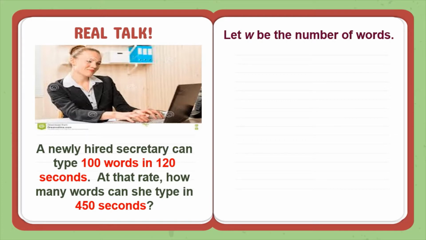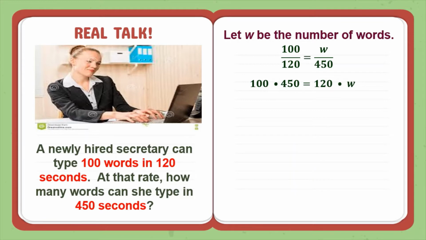Let W be the number of words. So, 100, that is words, and 120, that is the time, is equal to W, and then 450 seconds. Cross product.